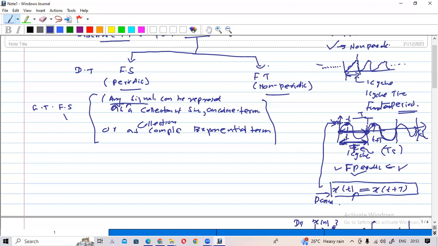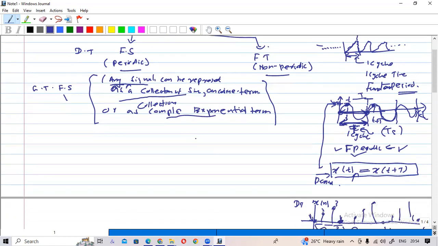Now you can understand it, because any signal has several frequency components, and those frequency components can be represented using sine and cosine terms. It also said that any signal can be represented as a collection of complex exponential terms. So this is also true.